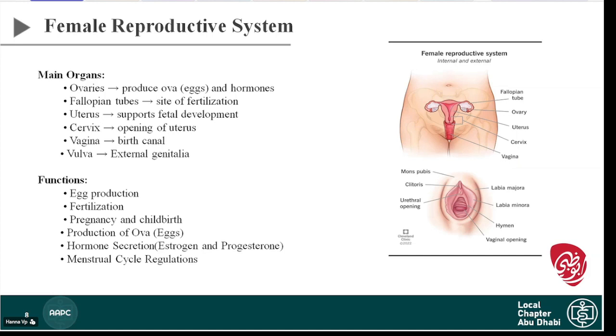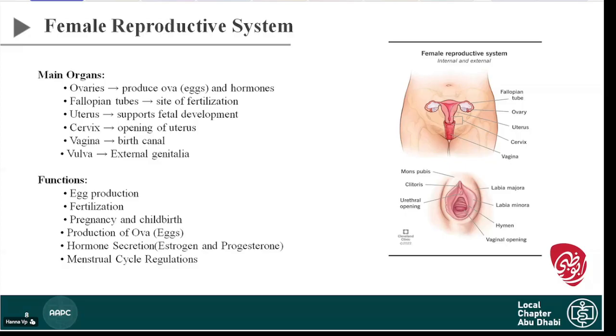Now let's see the female reproductive system, guys. What are the main organs in the female reproductive system? Here you can see that the female reproductive system shows internal parts and external parts.